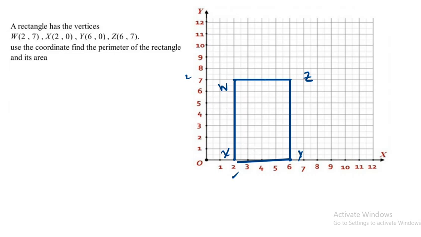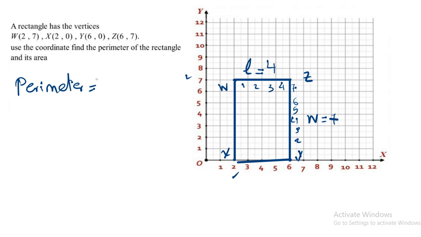First, the length here equals what? 1, 2, 3, 4. The width here equals 1, 2, 3, 4, 5, 6, 7. First, the perimeter. The perimeter of the rectangle equals the summation of all sides. We have 2 lengths and 2 widths.